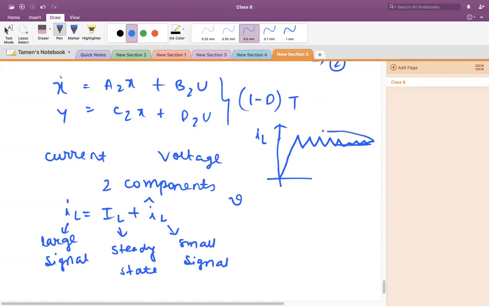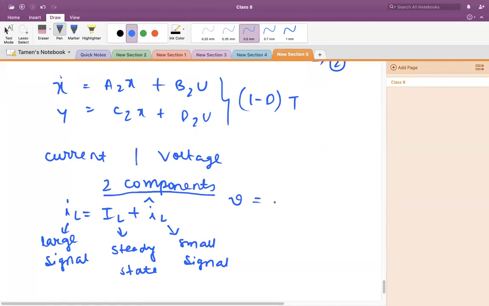So these two things are clubbed together to form this large signal part. Whenever we do any kind of derivation, like we are designing the circuit here, we're modeling the circuit, we have to consider these two components. If we do not consider them, then it will be difficult for us to get the actual result.